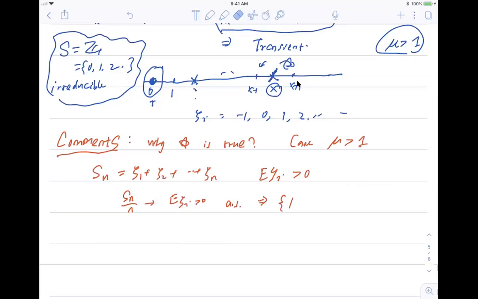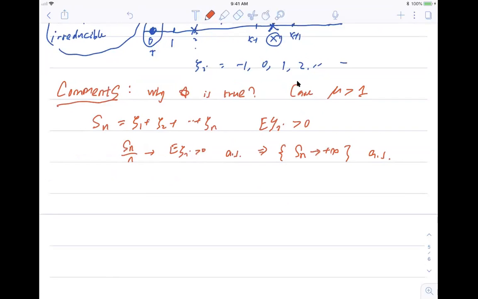This means Sn goes to positive infinity almost surely. So the infimum of Sn is bigger than minus infinity almost surely.